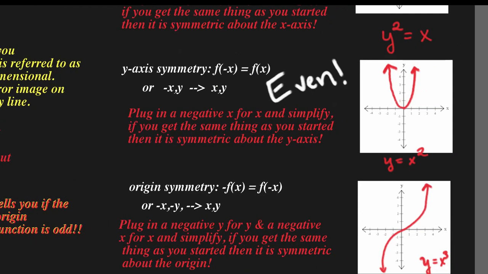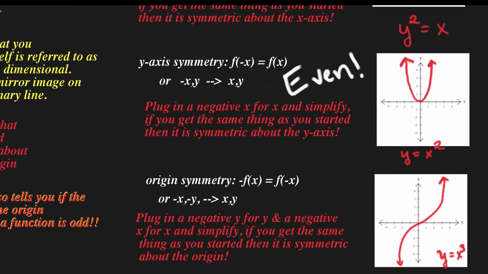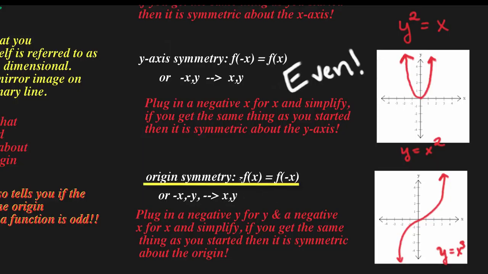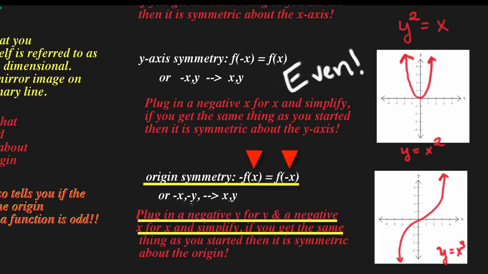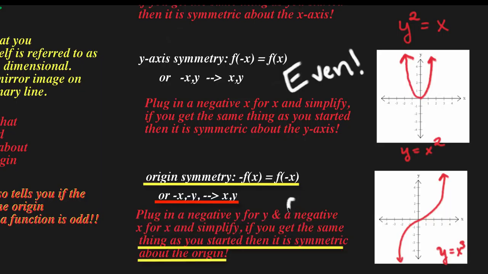Okay, so then for the origin, the final test is you plug in a negative x and a negative y, in other words a negative f of x, and simplify. And if it simplifies to the original, then it is symmetric about the origin. Okay? And it's also an odd function.